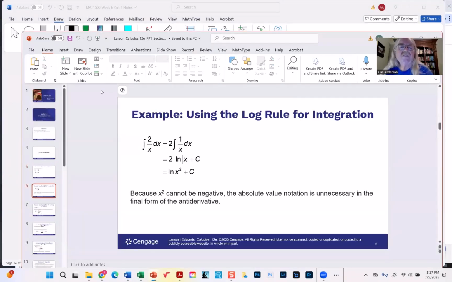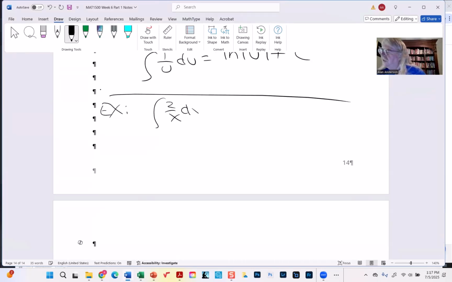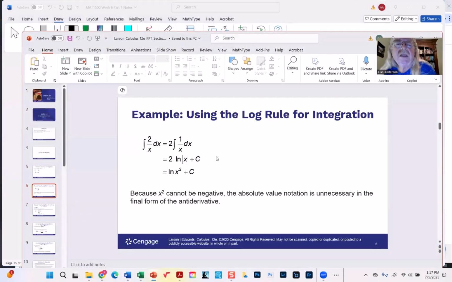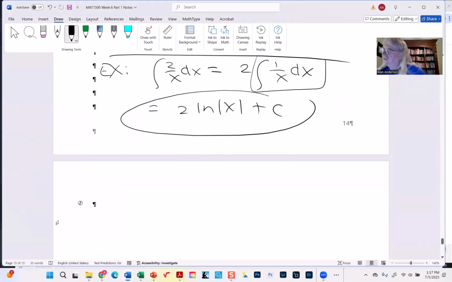So for example, 2 over x dx. First, we factor out the 2. And then this piece by itself is just the natural log of absolute x plus c. Oh, and of course, if you want to, you can rewrite this as log x squared.